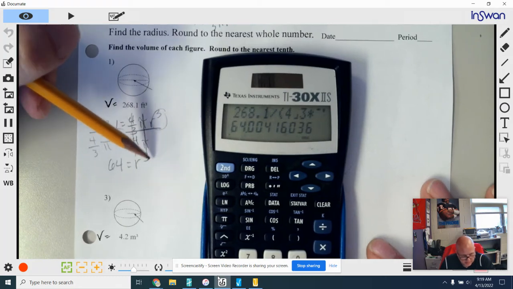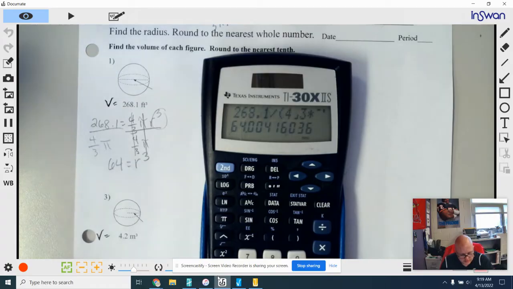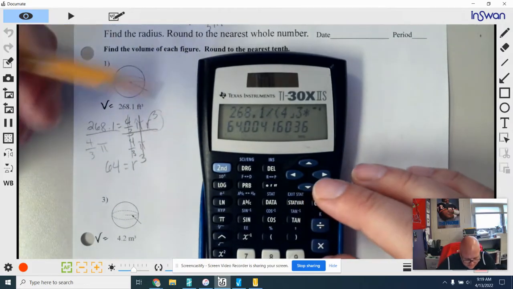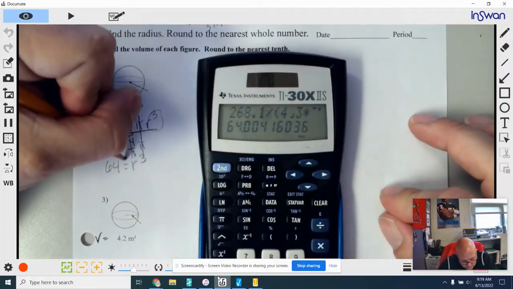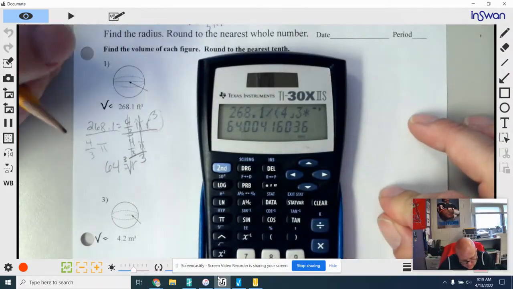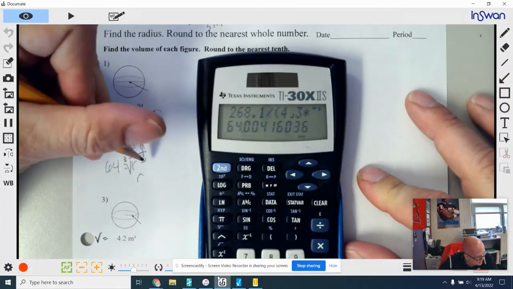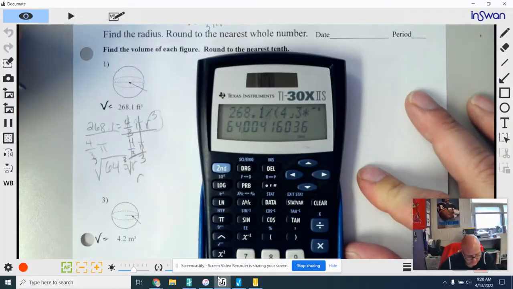Now, that's not radius. That's my radius times radius times radius. So I need to figure out what is just one radius, not radius times radius times radius. And again, what we can do is take the cube root to get r, which is the opposite of r cubed. And then I come over here and do the cube root.